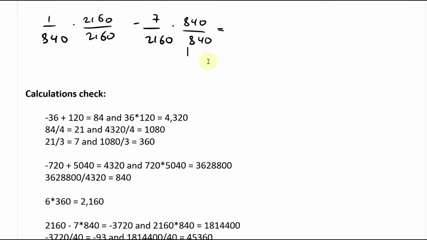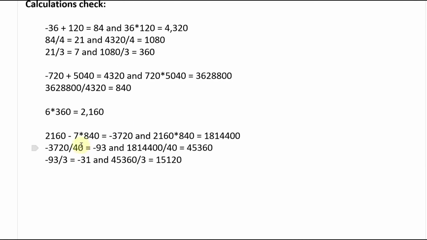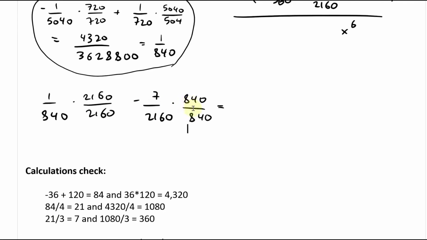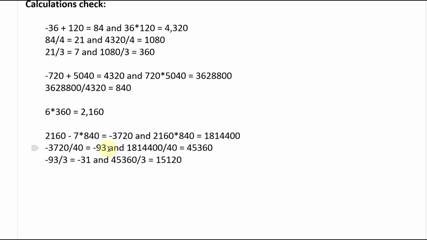Now use a trusty calculator. 2160 minus 7 times 840 equals negative 93. Whoops, no, I got it mixed up. That's over here.